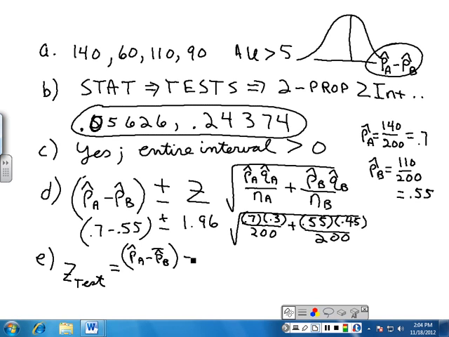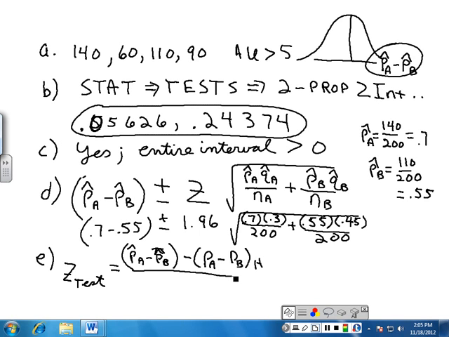In this case, that's always going to be 0. I like to write it just for theoretical reasons, because I want to emphasize statistic minus hypothesized parameter, but it will always be 0.